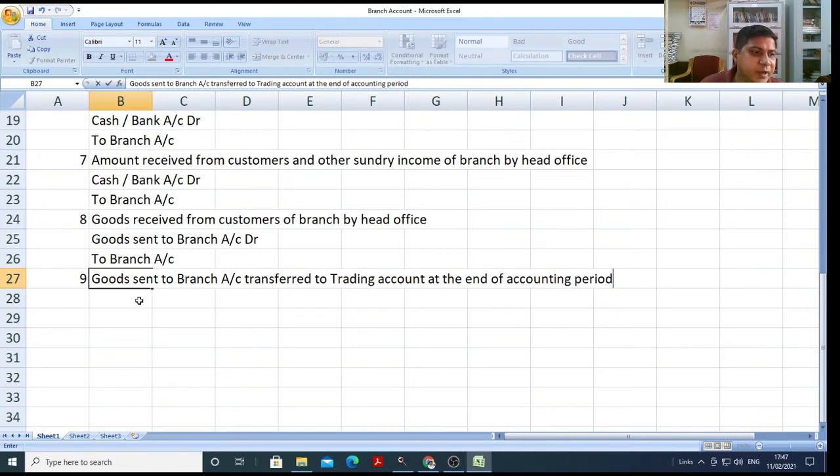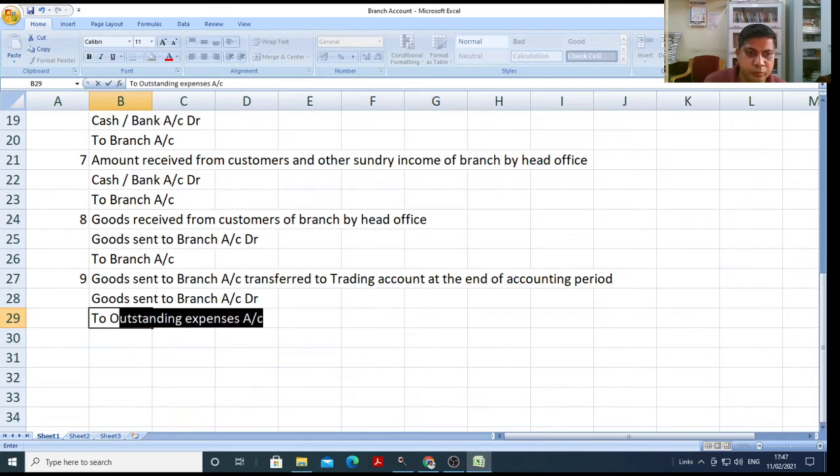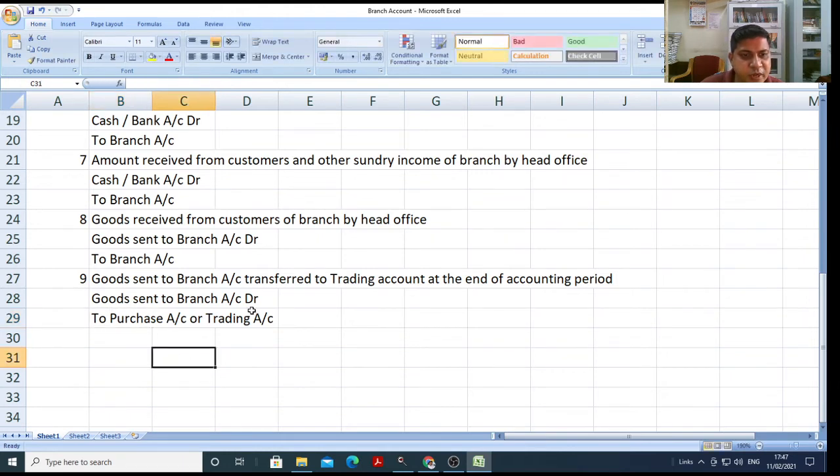So the entry will be goods sent to branch account debit to purchase account or trading account. Whenever the goods sent to branch account transfer to trading account, entry will be goods sent to branch account debit to purchases account or trading account.